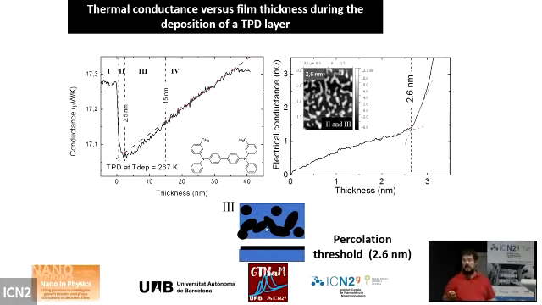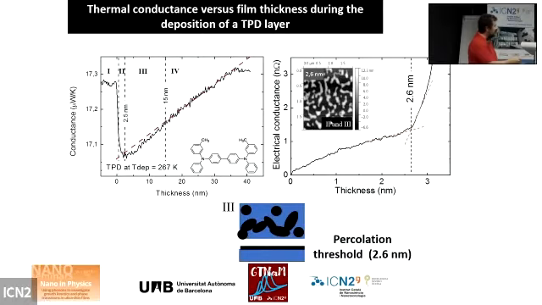We could check this in parallel: we did an electrical conductance measurement with 2 electrodes, in parallel with the experiment mentioned at the beginning. We saw that at 2.5, 2.6, we had the crossover behavior between the thermal conductance of the substrate and the point where the islands start to percolate, and the electrical conductivity starts growing very fast.